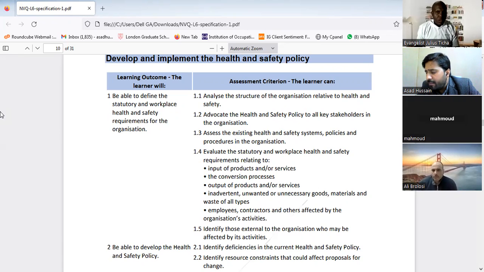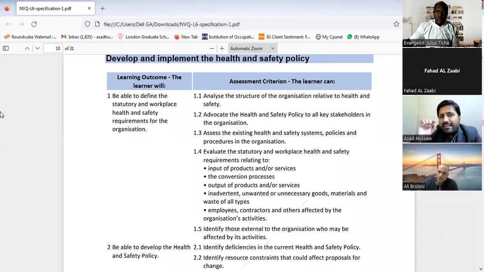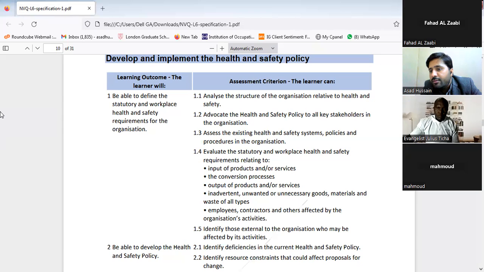Yes, a job description, but it should clearly refer to health and safety matters, because it is discussing the organization structure relative to health and safety. So we will not consider other things here. We will just focus on health and safety roles and responsibilities.